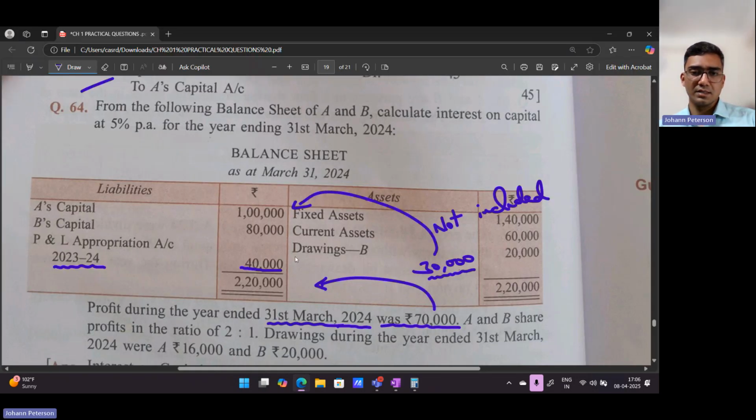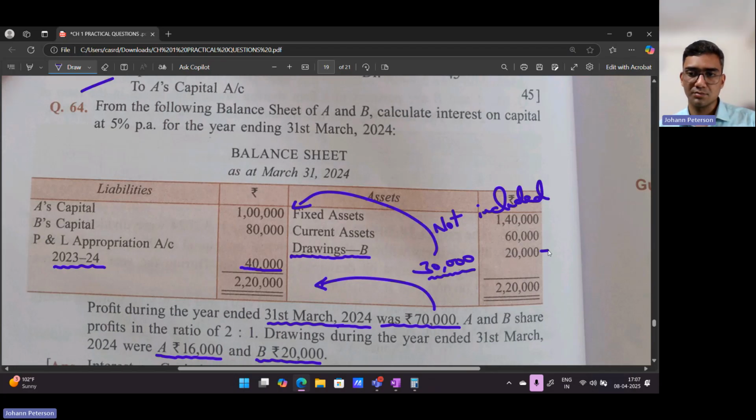Now look at this. In the balance sheet, we have been given drawings of B only, whereas outside the balance sheet, we have been told A has also drawn drawings of 16,000. So B's drawings of 20,000, which are mentioned outside the balance sheet, are totally shown here.